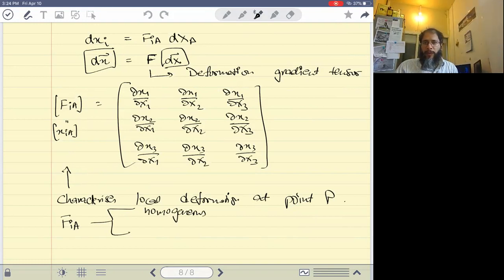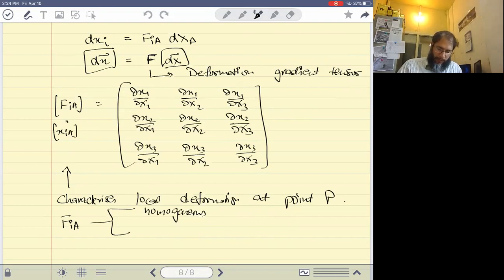Homogeneous means that it's the same everywhere. If you calculate this and put numbers here, then the numbers will have no dependence on the capital X values. So it is homogeneous. The deformation is the same at each and every point in the body. So if you see that it's getting elongated, then it's getting elongated the same way in all directions.